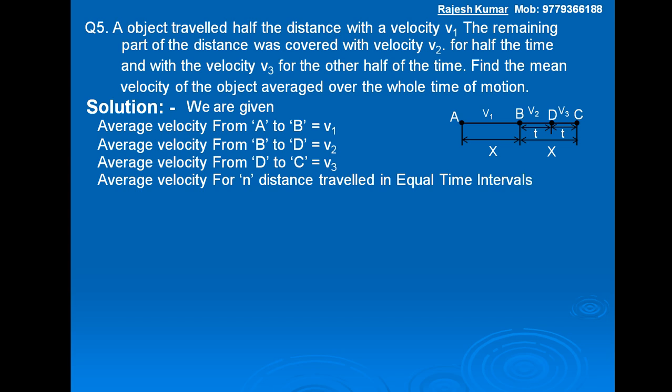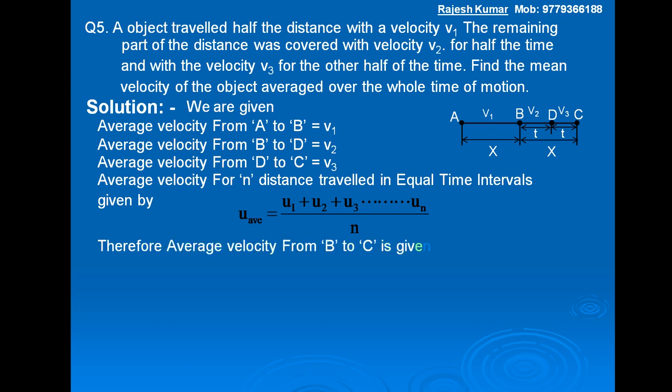We know that the average velocity for n distances traveled in equal time intervals is given by u average is equal to u1 plus u2 plus u3 and so on up to un, upon n. That is, the mean of the different n velocities is equal to u average.